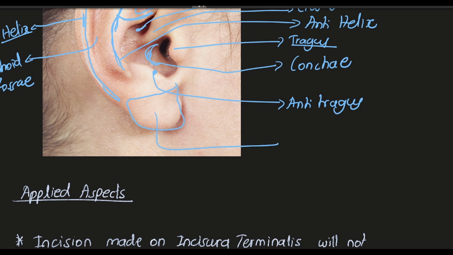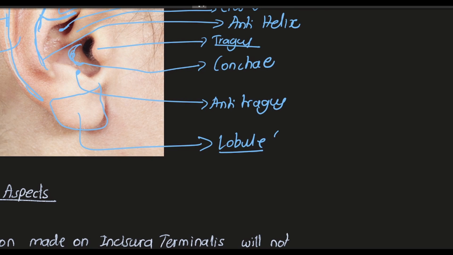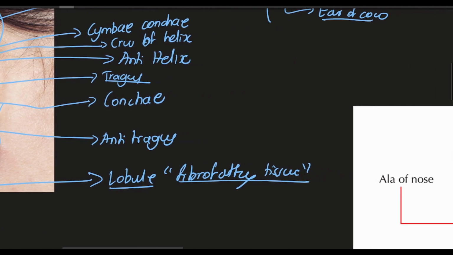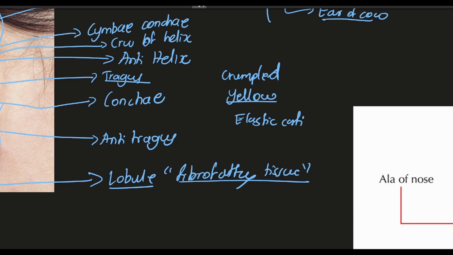Now we will come to this part. This is called the lobule. It contains fibrofatty tissue. Do you know, except this part, the entire ear is made up of crumpled yellow elastic cartilage.